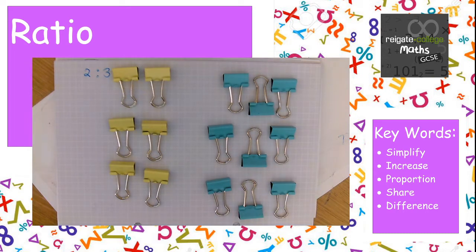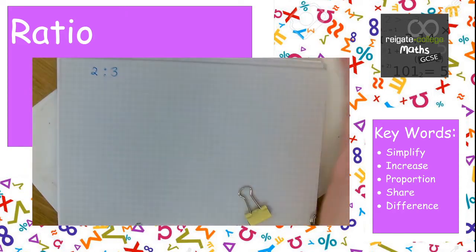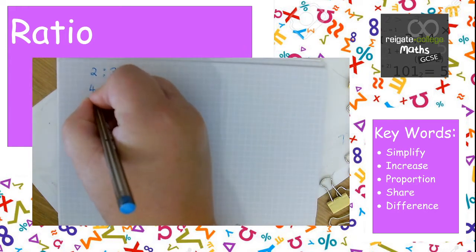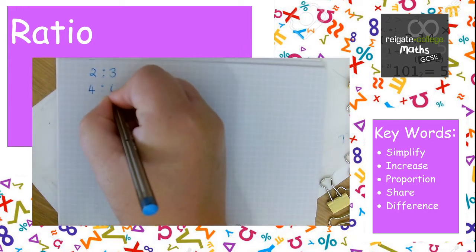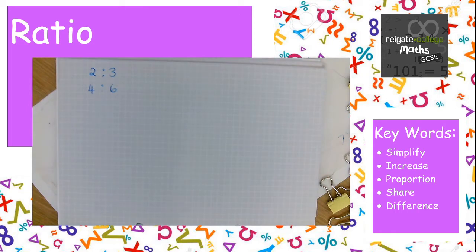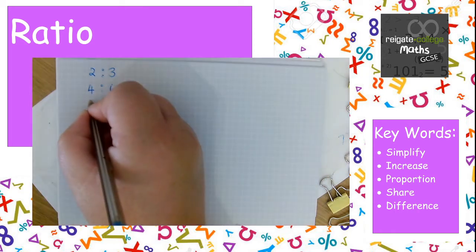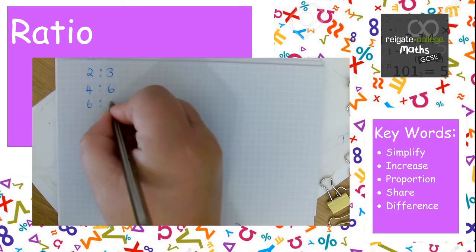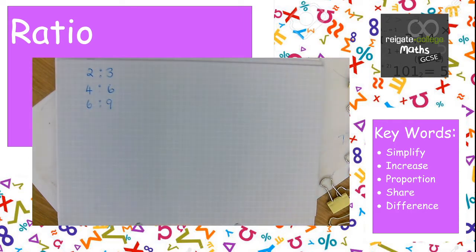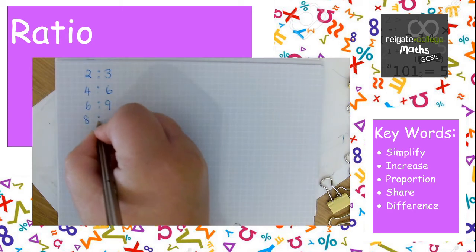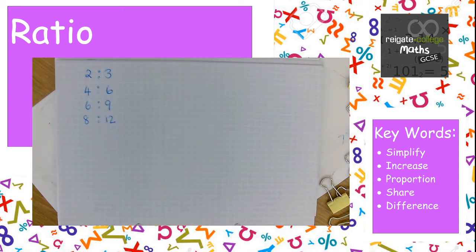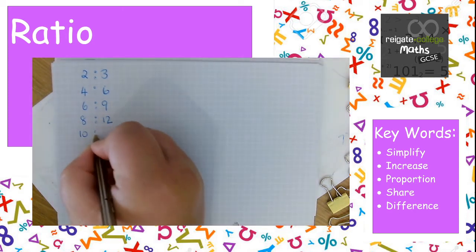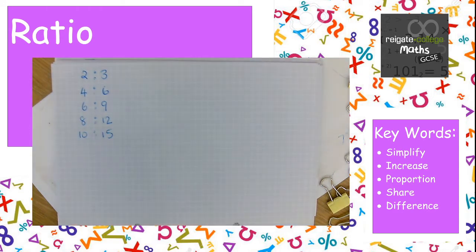It's going to take me a long time and a lot of clips if I want to keep increasing in this way. I could increase in pure numbers. Add 2 to this side every time and add 3 to this side every time. 2 to 3, 4 to 6, 6 to 9, 8 to 12, 10 to 15, and so on.